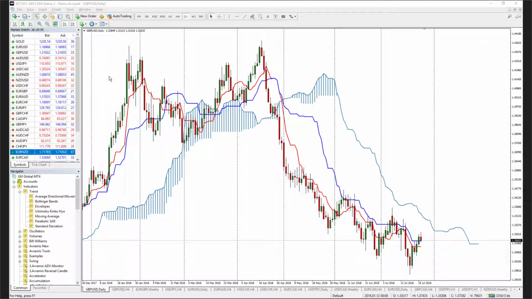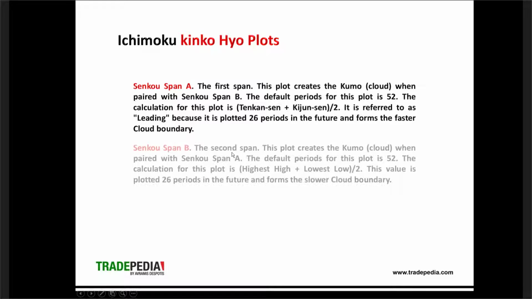Now let's go and add the Senkou Span B. The Senkou Span B, which is the second span, has default periods for this calculation of 52. And what is it doing? Highest high plus the lowest low based on the last 52, adds them together and divides by 2. So similar to how the Tenkan-sen and Kijun-sen did it, but this one's more long-term based on the 52 periods.